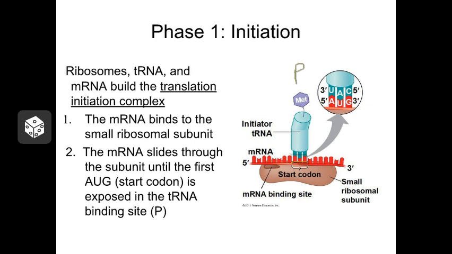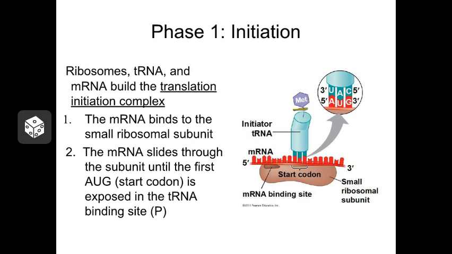On top of the start codon, we have the first tRNA. The start codon always has the sequence AUG, so the first tRNA that hooks up with it will always have the anticodon UAC. And if you remember your translation chart, AUG always codes for the amino acid MET, or methionine. So this particular tRNA is carrying methionine on top.